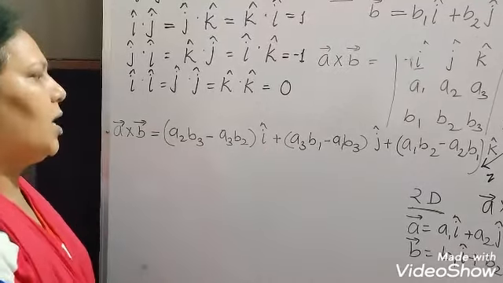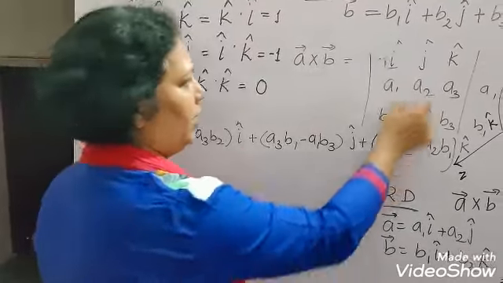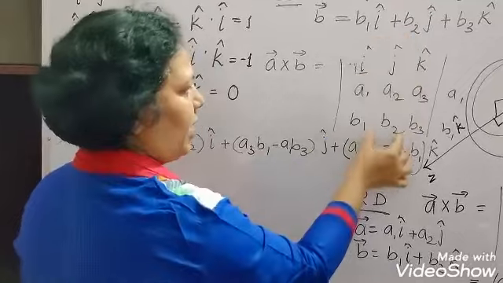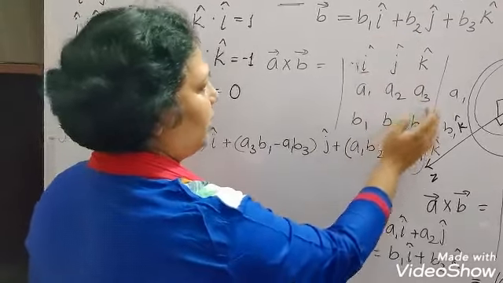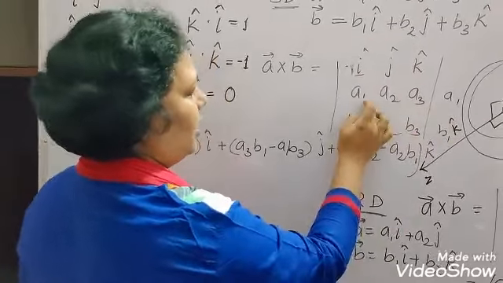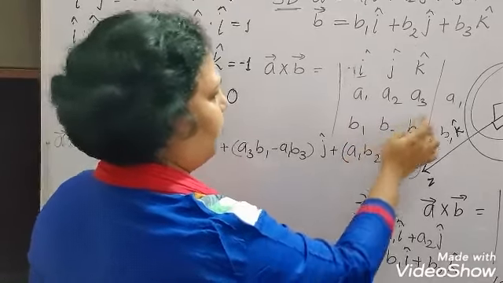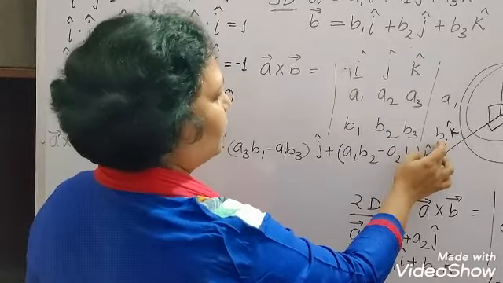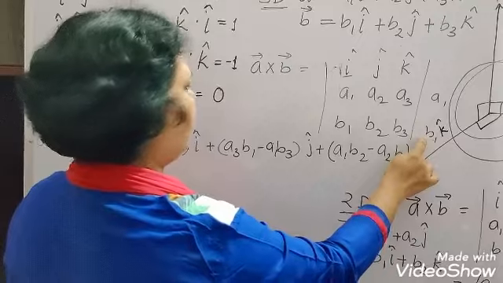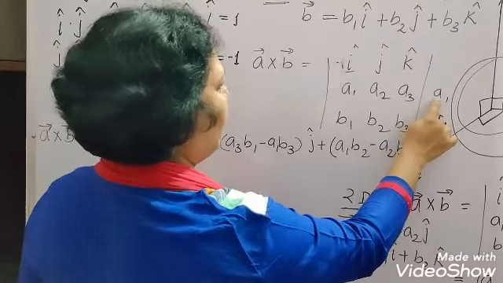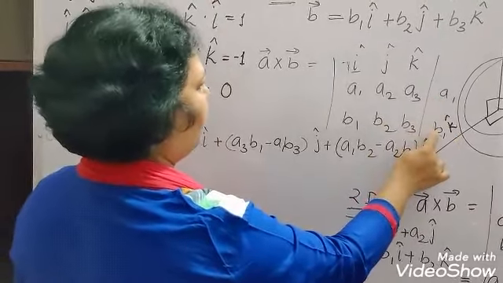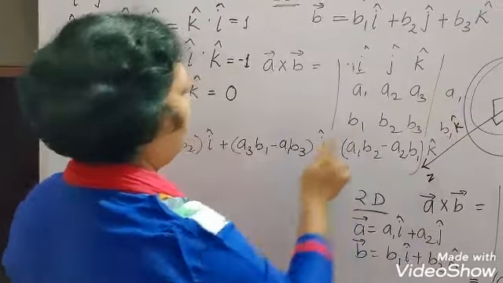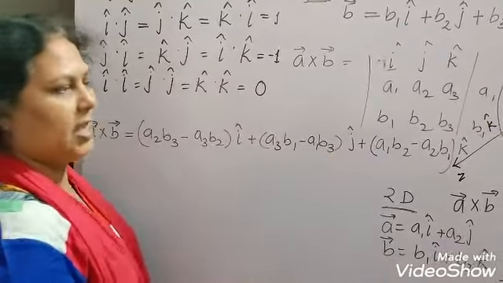Now for j cap, we leave the j column, and we write a3 b1 minus b3 a1, and the j cap here.